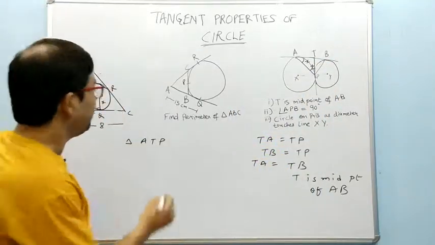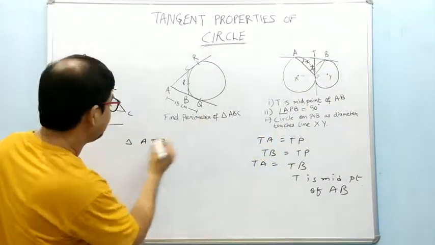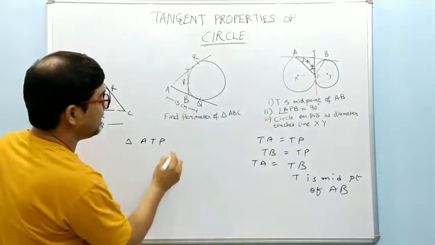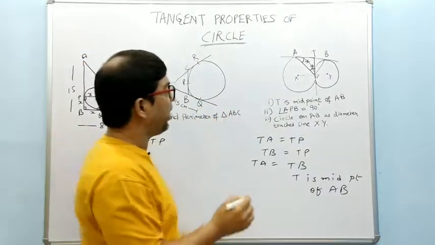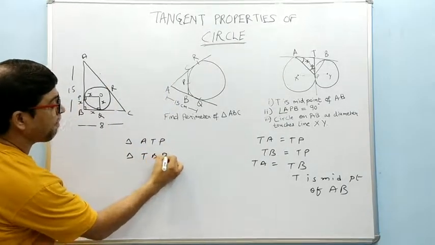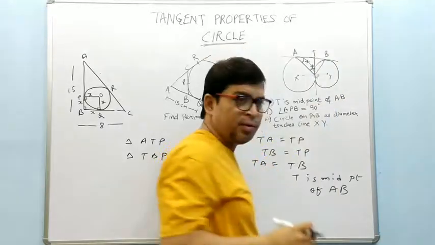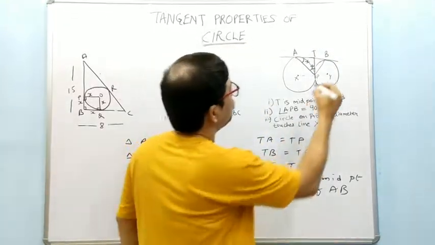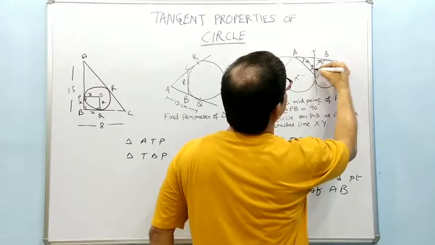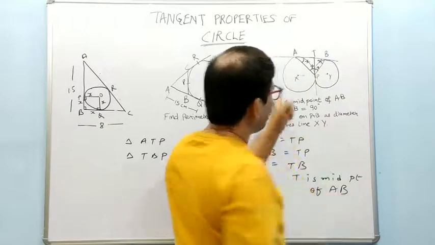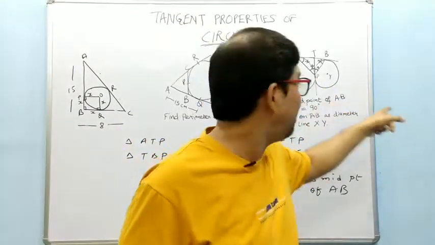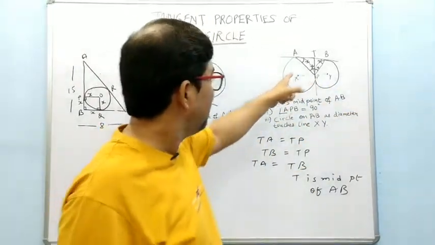Now in triangle ATP, we have just written this angle is x, this angle is x, and now in triangle TBP, TB is equal to TP, two sides again equal, so two angles will be equal. If I take this y, this will be y. Small y, don't be confused with the capital X and capital Y, the centers of the corresponding circles.